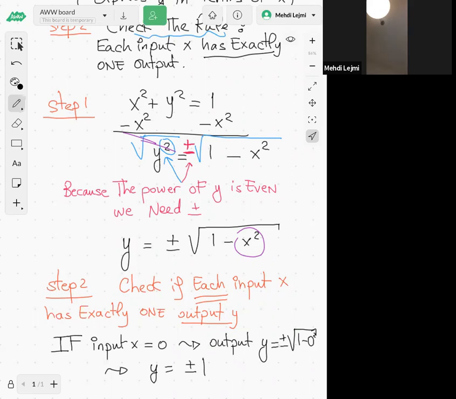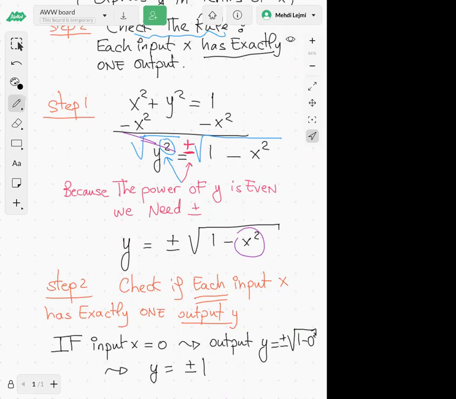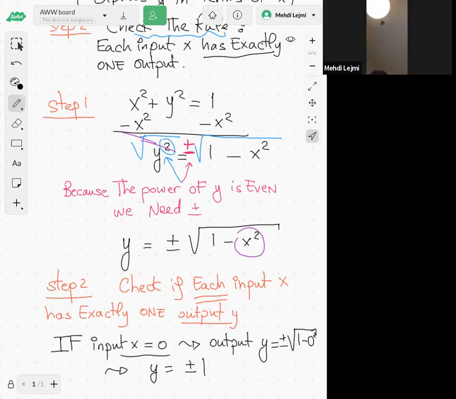So if my input x is 0, I'm going to have two outputs, plus or minus 1. Do you think this is a function or not? No, because if my input x is 0, I got two outputs, plus or minus 1.